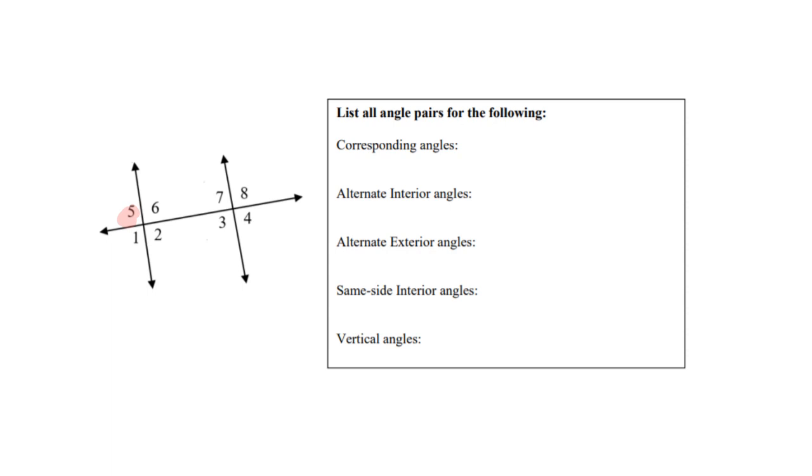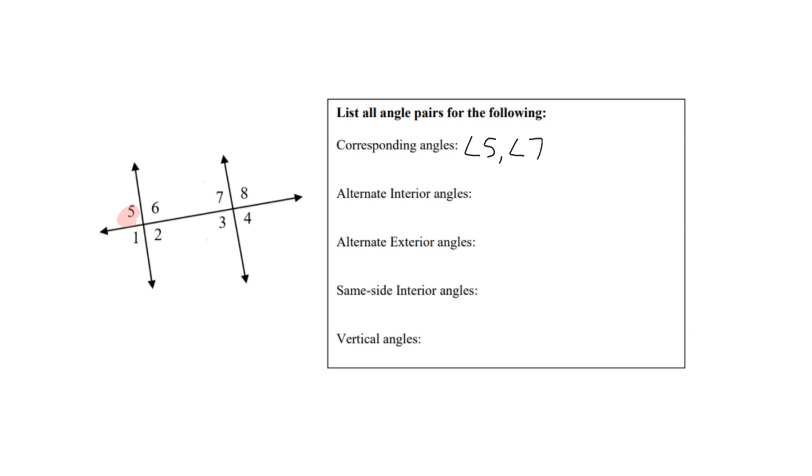Again, we need an angle that is in the other set of 4 angles, so not here, but over here, and it needs to be in the same location as 5, which is above the transversal to the left of the line. So hopefully you are picturing angle 7. So we can write angle 5 and angle 7 are a corresponding angle pair.